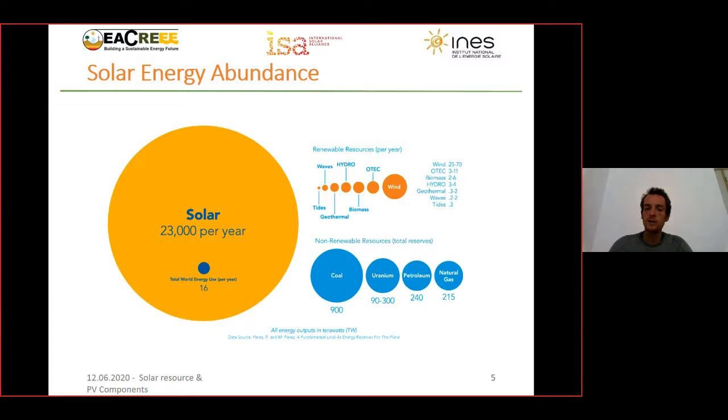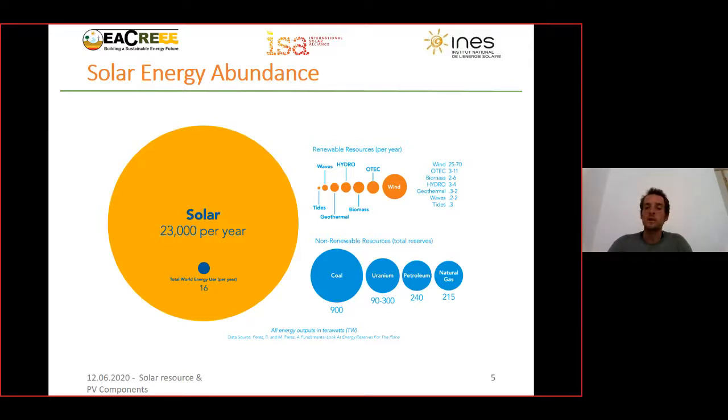And what is very interesting is to compare this potential with other energy potentials. So we can compare to other renewable energy potentials, such as wind, hydro, waves, or also biomass. And what we see directly from this graph is that the potential of solar energy is far more interesting, and the amount of energy that you can get from solar energy is far more important than other renewable energy.